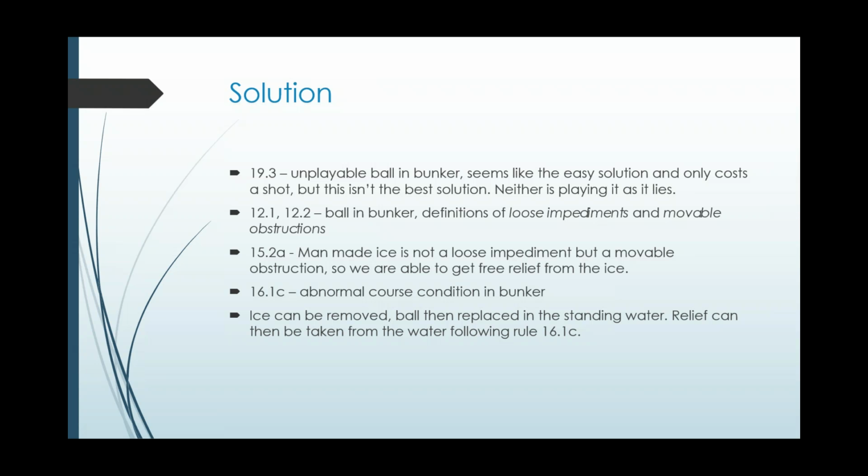You're supposed to go to the nearest point of relief, still inside the bunker without any standing water, which can be hard to find a lot of times in a lot of different scenarios, but anywhere inside the bunker if you can't go any closer. And then if the bunker's totally washed out, you could then take it outside of the bunker completely and play from there.